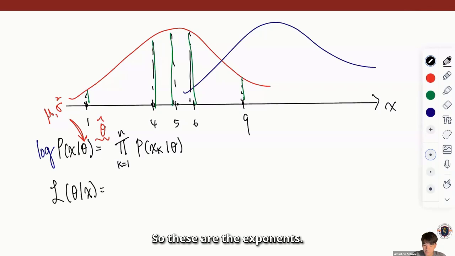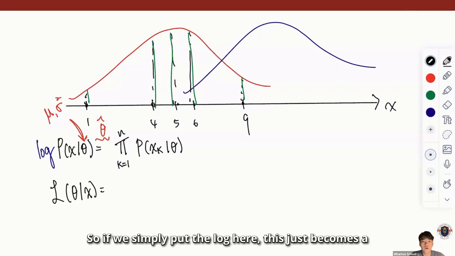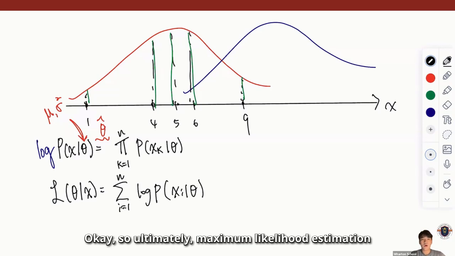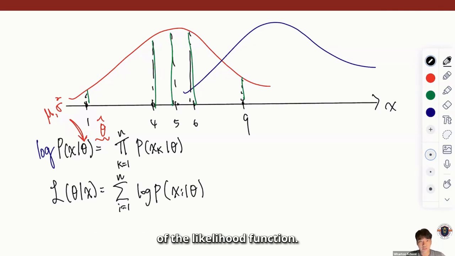These are the exponents. If we simply put the log here, this just becomes a sum from 1 to n of log of p of x_i given theta, right? Ultimately, maximum likelihood estimation is about finding the maximum value of the likelihood function.